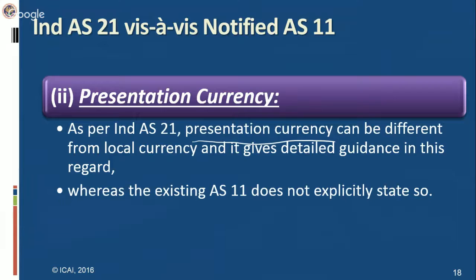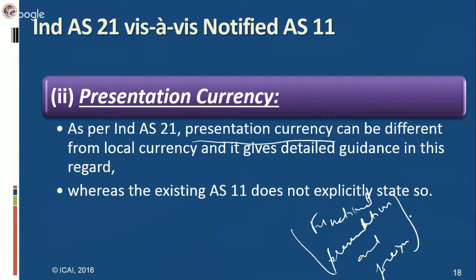So we have three types of currency: functional, presentation, and foreign, as per Ind AS 21.